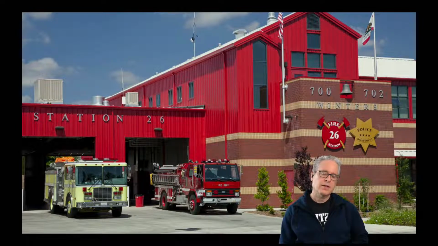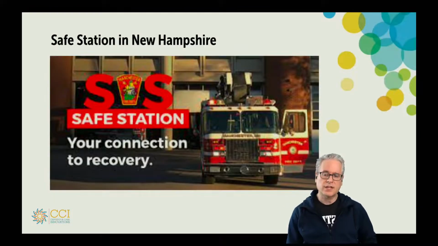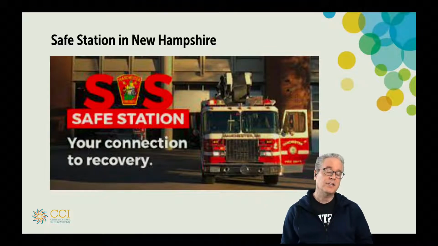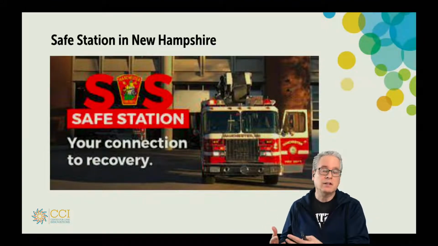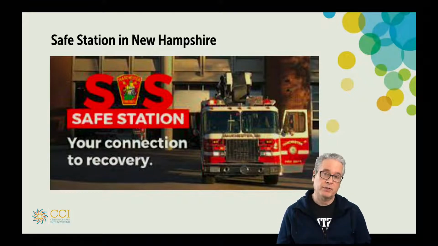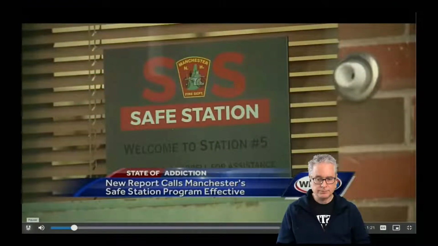And he had an idea and went to the mayor and suggested that they start this thing called Safe Stations. Basically the idea of a Safe Station is that the fire stations became intake points or a safe haven for people to come when they felt like they were having a problem controlling their addiction and they wanted to get help. And so I'm going to play a quick 1.5-minute video here of this example.